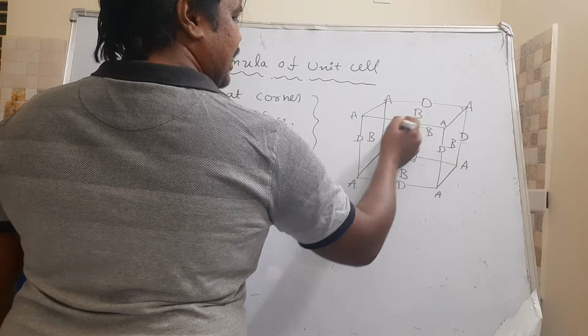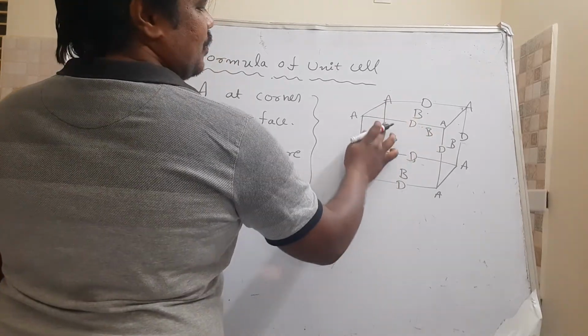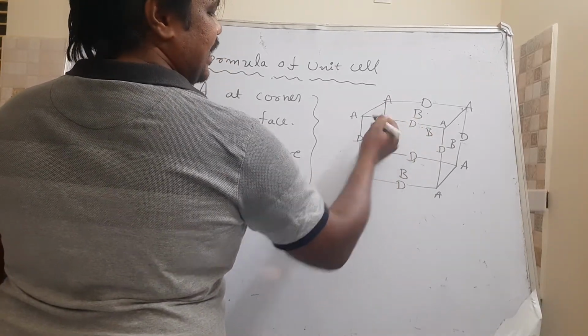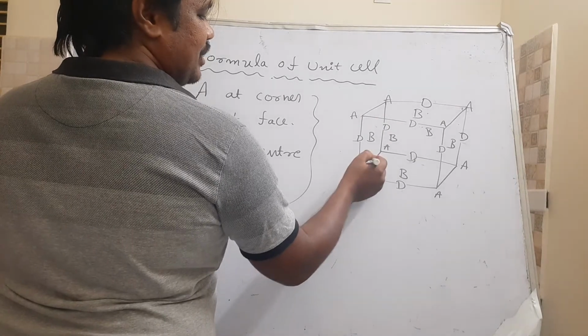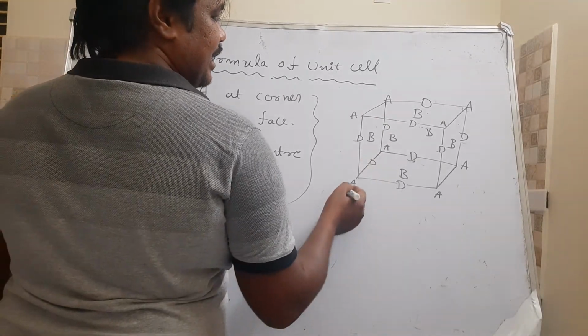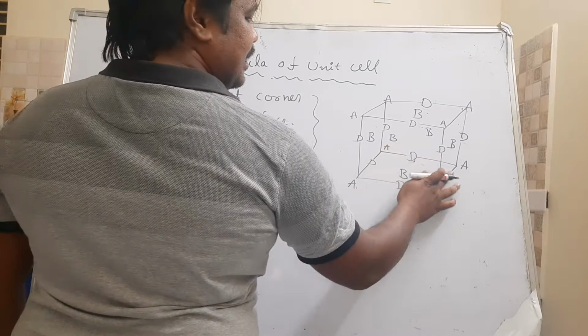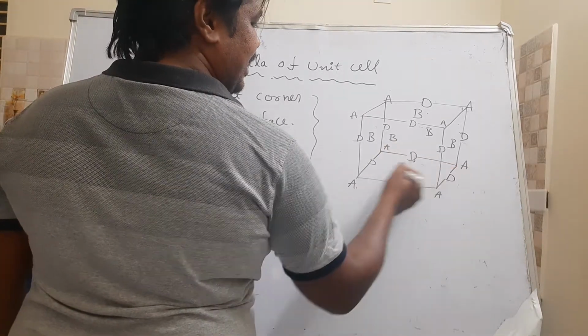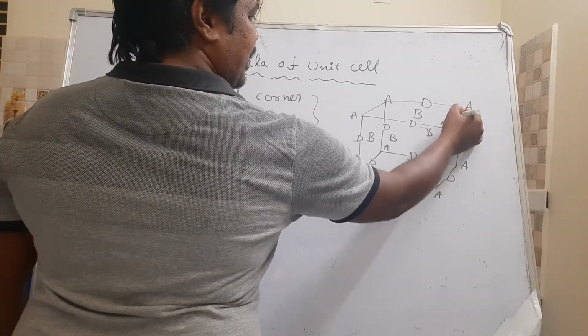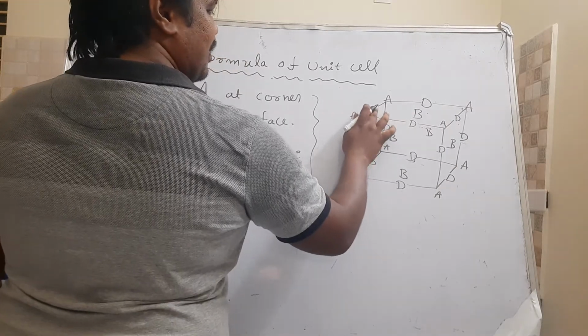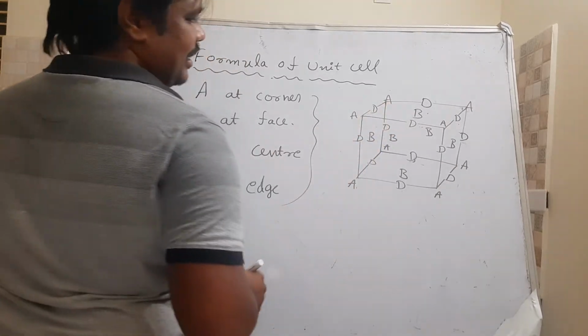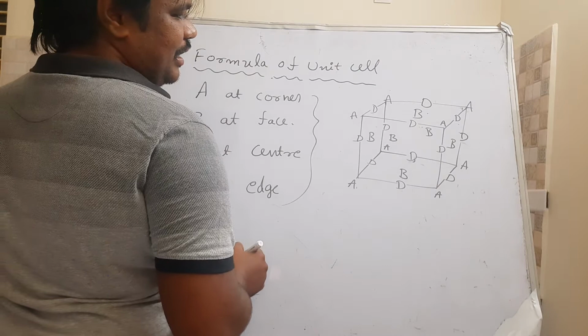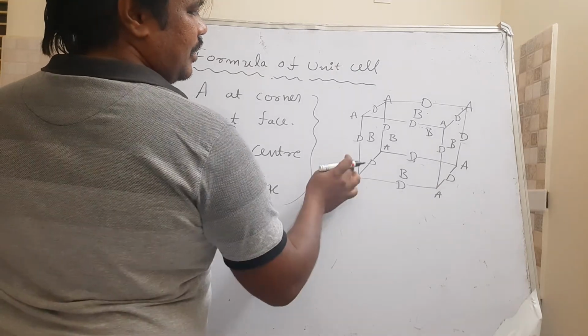12 edges are there. This is one more edge, D is there. This is one more edge, D is there. This is one more edge, D will be there. How many D's are there? Just count.